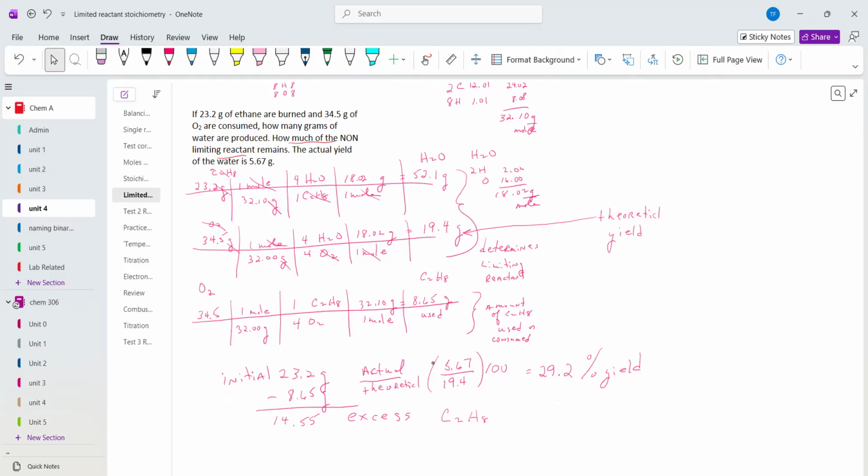Then the fourth calculation is you need to determine how much you have left over. And then if it asks for percent yield, that's the fifth calculation. Now, if you mess up the balanced equation, everything is wrong, because every one of those, except for the last two steps, requires the coefficients from the balanced equation.